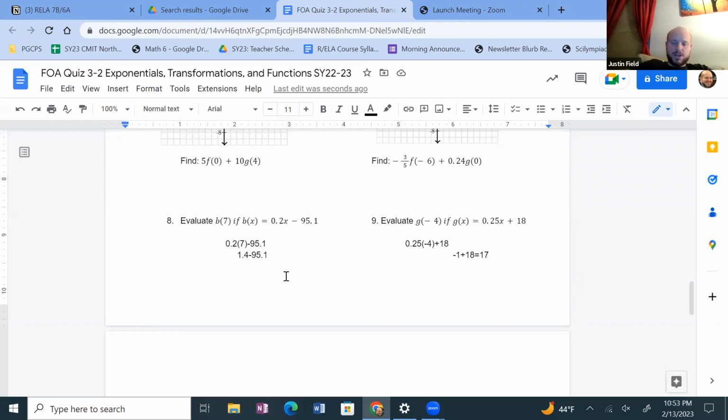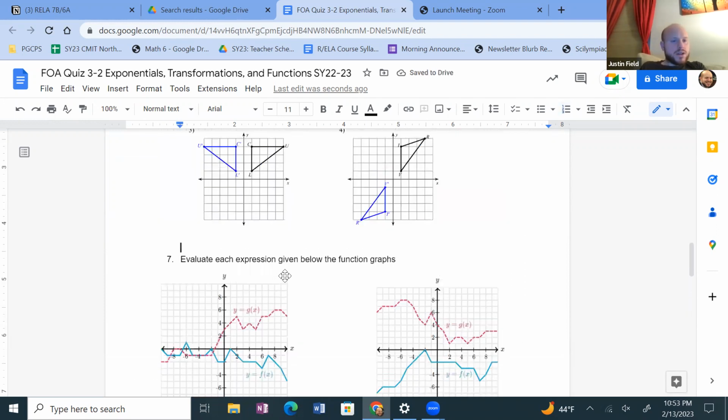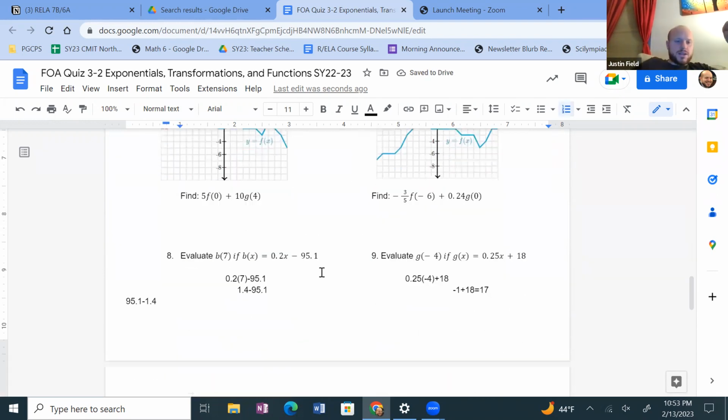We've got to do this. 95.1 minus 1.4 is going to be 94.1 minus 0.4, and it's going to be 93.7.